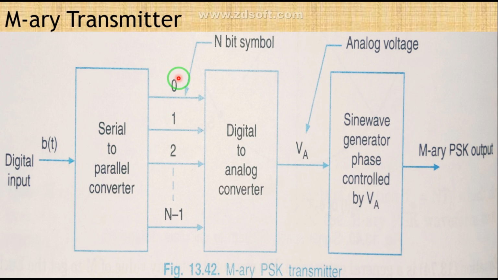So the n bit message appears in parallel form at the output of this serial to parallel converter block, and the output of this block remains unchanged for a duration of n Tb. What is n? n is the number of bits, and Tb is the duration of each bit. So n Tb is nothing but the symbol duration.